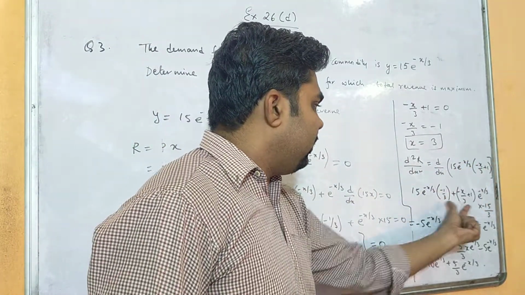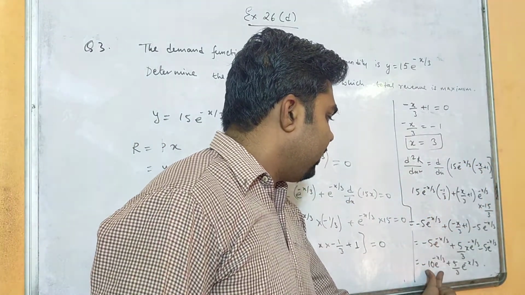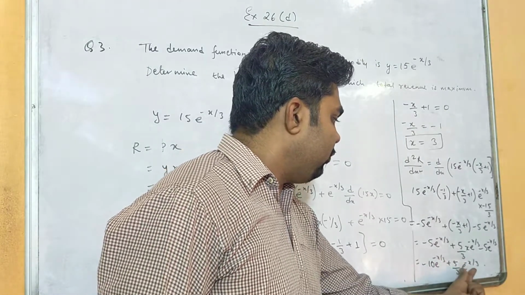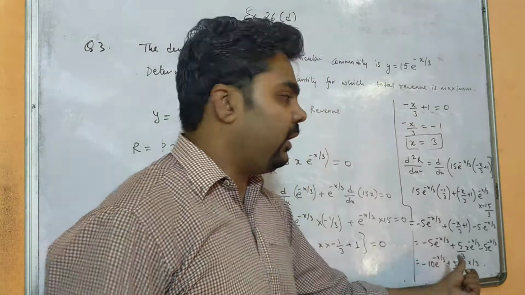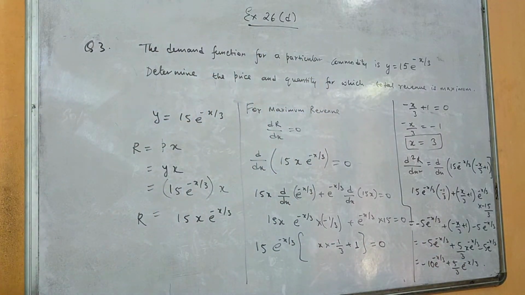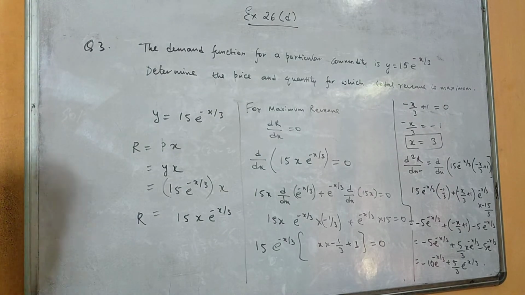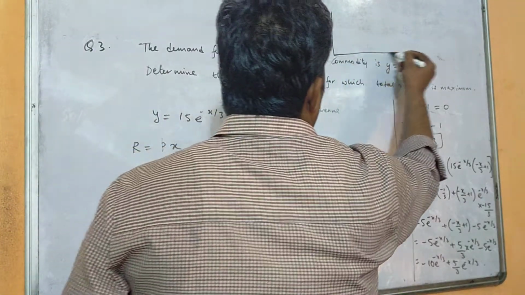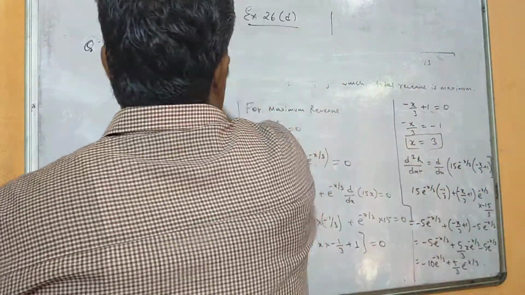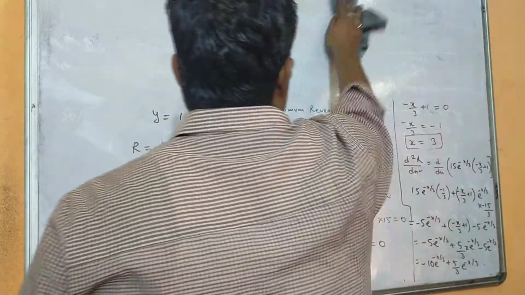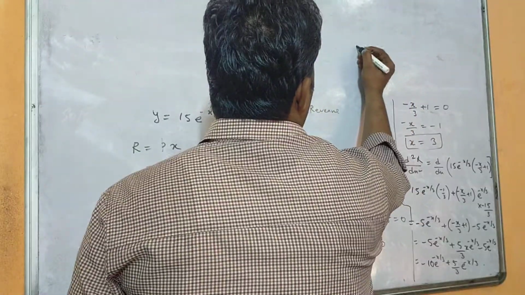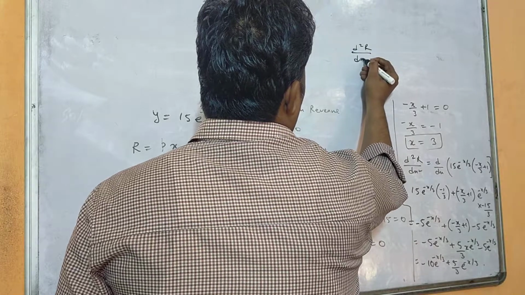So I have done the double differentiation here, and we got at last minus 10 e to the power minus x by 3 plus 5 by 3 e to the power minus x by 3, right? So I am solving this one up here. So the last part here, that is the double differentiation of the revenue function.